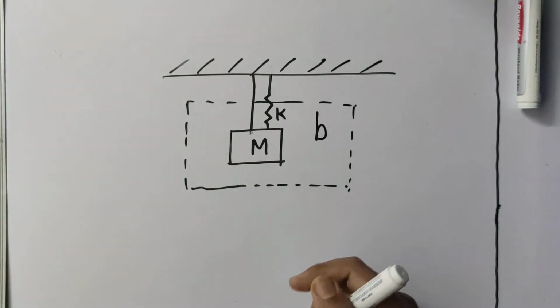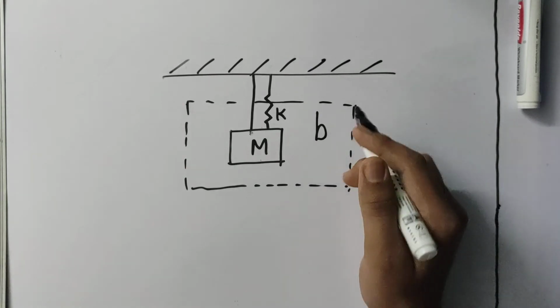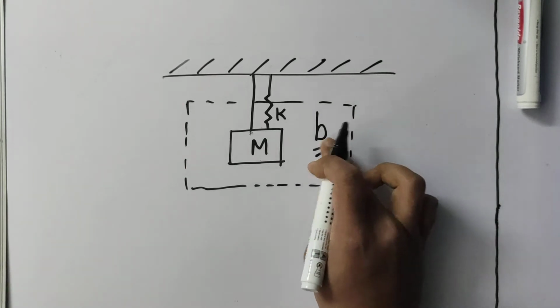This is our mass, and this is a viscous medium of some constant B.